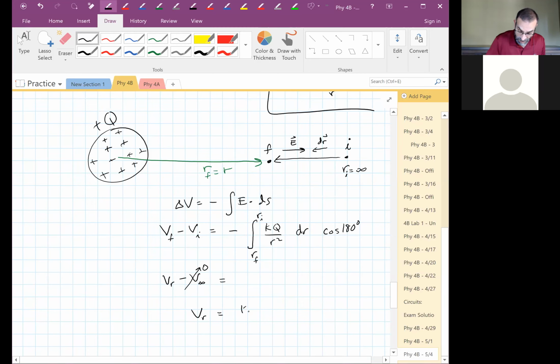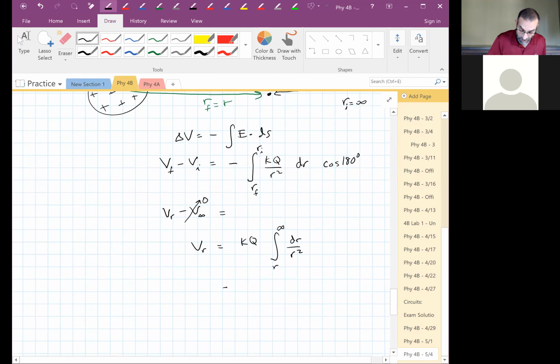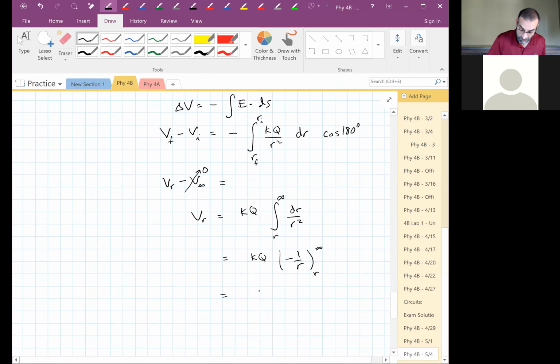I've got a K, a Q, an integral of dr over R squared from R to infinity, right? And so what do I end up with here? I got a KQ times negative 1 over R from R to infinity. That's 0 minus becomes plus 1 over R.